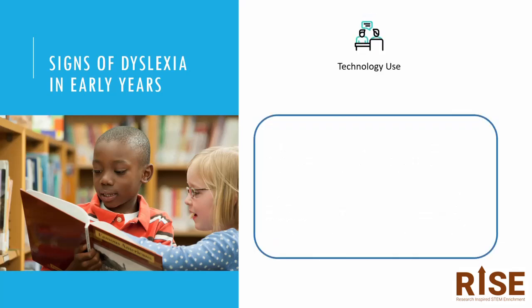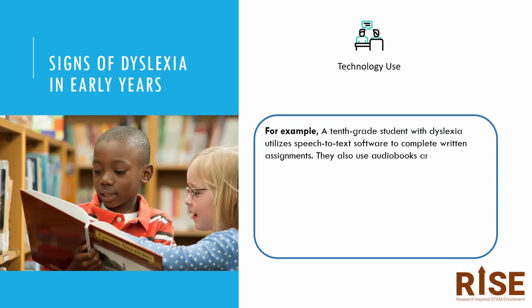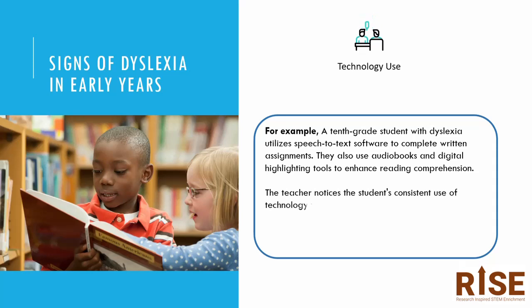Technology use. Increased reliance on technology for reading and writing tasks. Assistive technologies may become more crucial in secondary school to bridge gaps in reading and writing proficiency. For example, a 10th grade student with dyslexia utilizes speech-to-text software to complete written assignments.